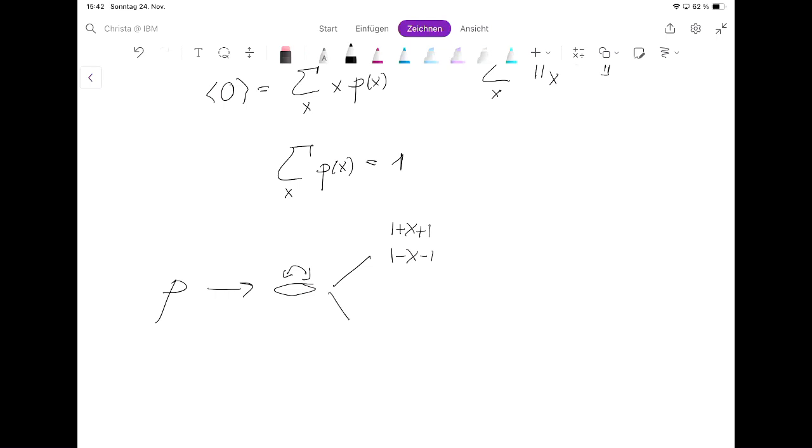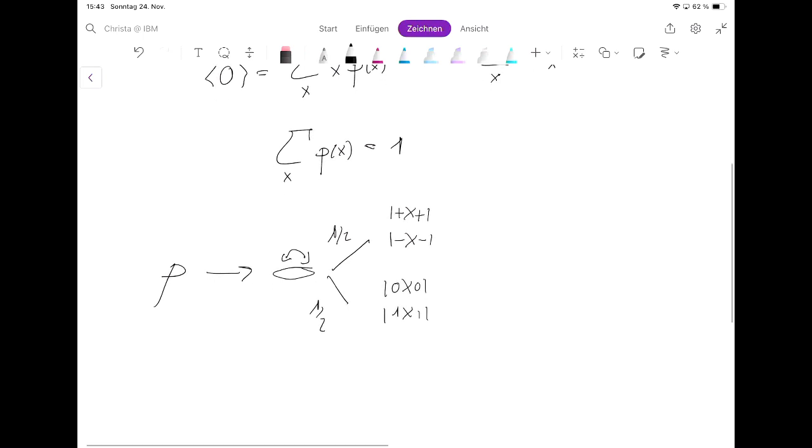If I get the other outcome from the coin, and this happens with probability 1/2, instead I check whether my state is in 0 or in 1. So I measure the projectors on the eigenstates of the x basis. And here, in total, you see from here, I can get 4 possible outcomes.